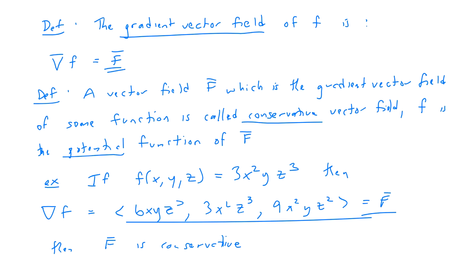And it's pretty easy to make something where that's not true, so it's not conservative. So if I say F is equal to, let's say, xy, xy, a simple one, there's no function whose gradient is equal to that.